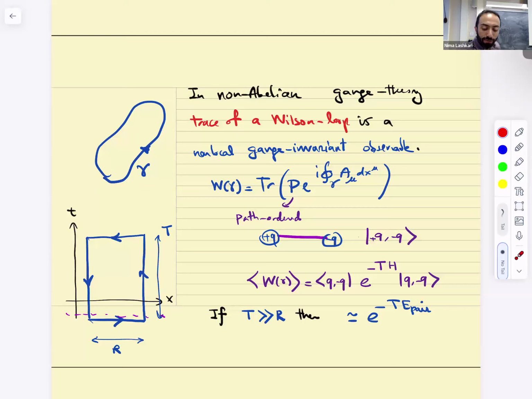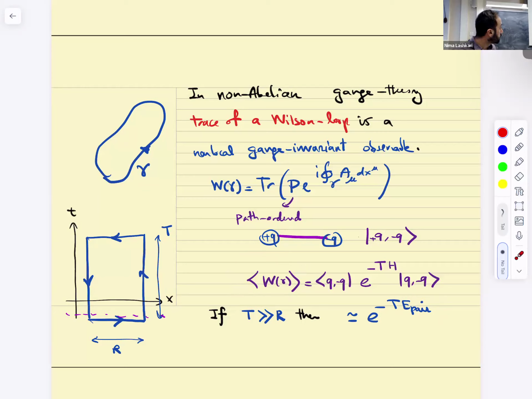So if I calculate the 1-point function of the Wilson loop in Euclidean spacetime, that gives me a sense of the energy of this bound state, this quark antiquark pair.